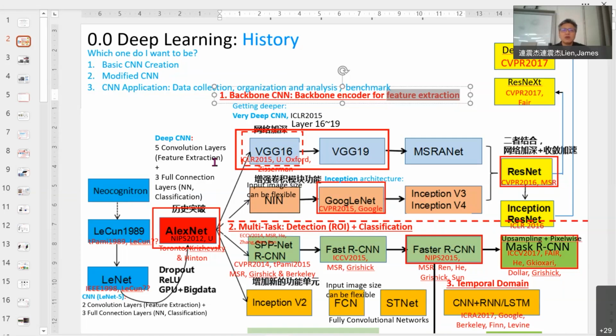Because we want the network to be the same. So it's not only 1 channel, it's 3 channels, but you only have depth D. And finally you will want to combine them together.